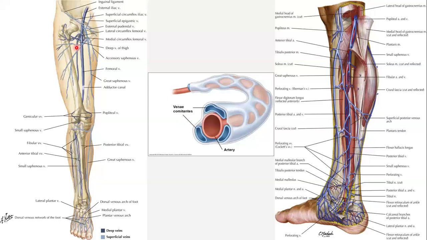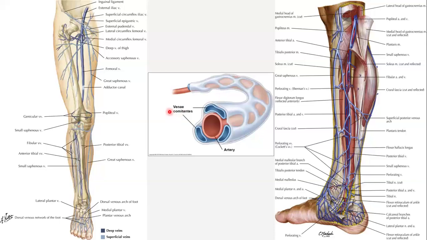However, let me say something. Below the level of the knee, and occasionally for some smaller deep veins, like those that accompany the profunda femoris artery, or the branches of the same, those veins exist in the form of what we call vena comitantes.